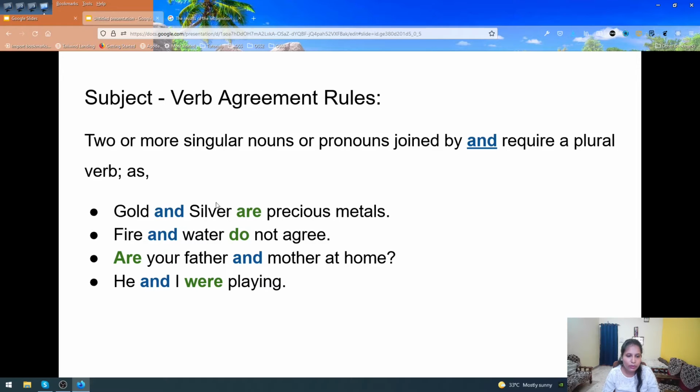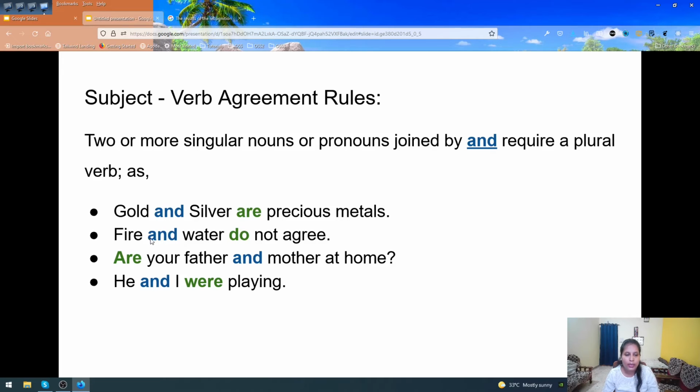So whenever there are two nouns or pronouns which are connected by and in between, at that time our verb should always be plural.